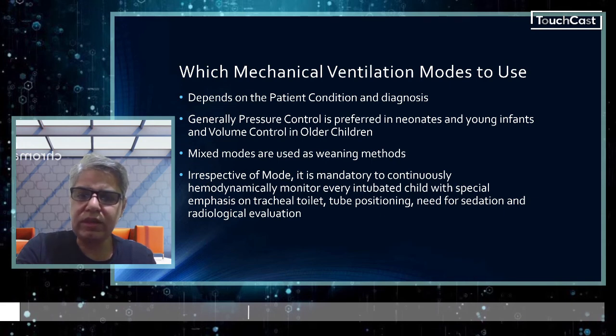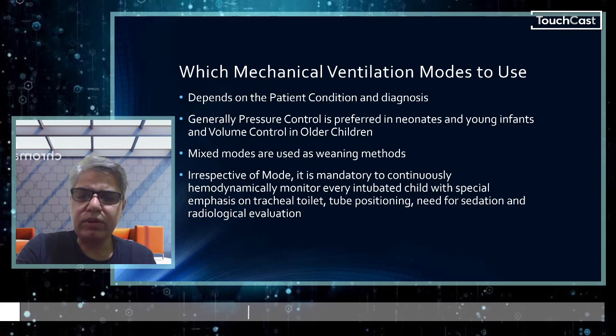Along with the full blood count and the routine chemistry that you do every now and then, it's very important that a child who's intubated is regularly monitored, and especially arterial blood gases should be used every now and then to see that the pH, PCO2 and PO2 are within the normal limits. If something is not going fine, then you can tune things like FiO2 and PEEP to either improve the oxygenation or improve the ventilation.